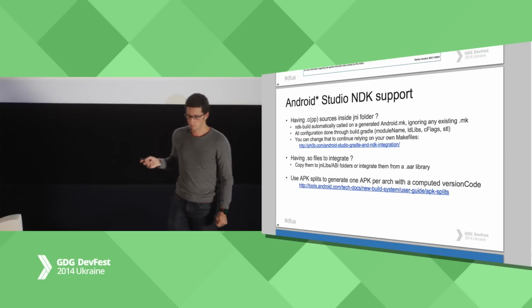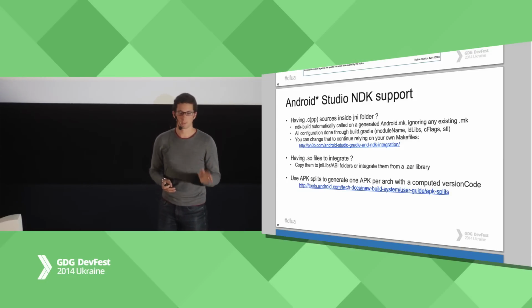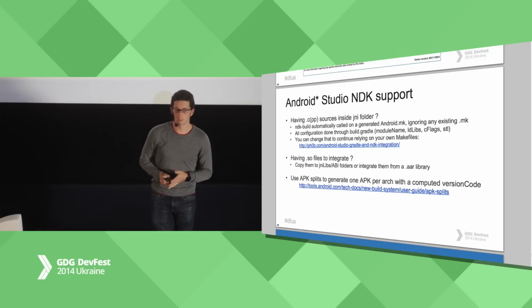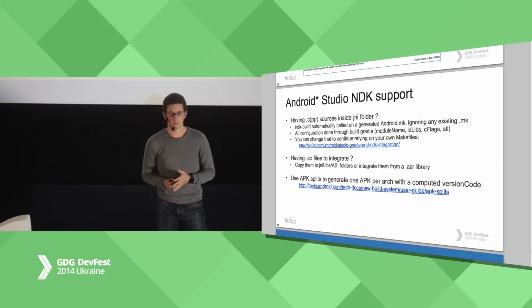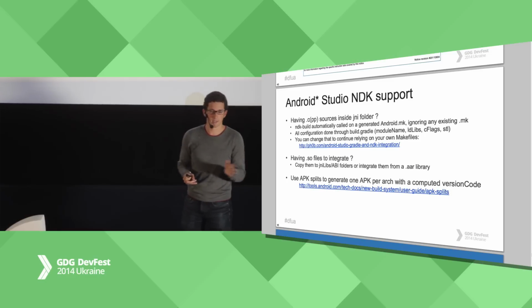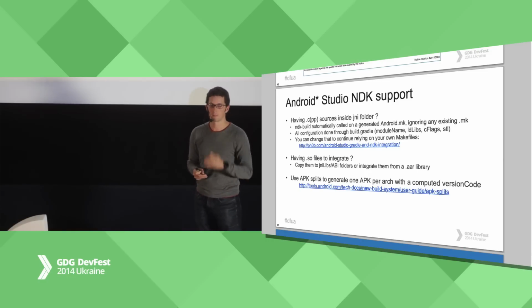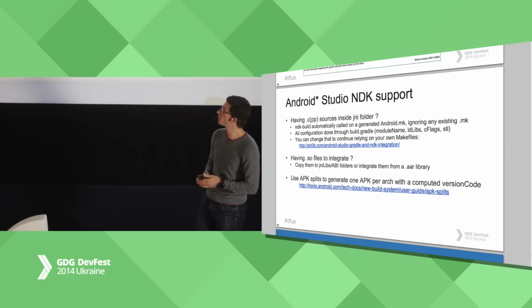Now with Gradle, you can really generate one APK per CPU architecture and compute the version code really easily, and it's all built in. So in like 4 lines of Gradle, and not hacky lines, I mean real configuration that's okay, and that's called APK splits. You can generate one APK per architecture with the right version code, and then they're just ready for upload to the store.